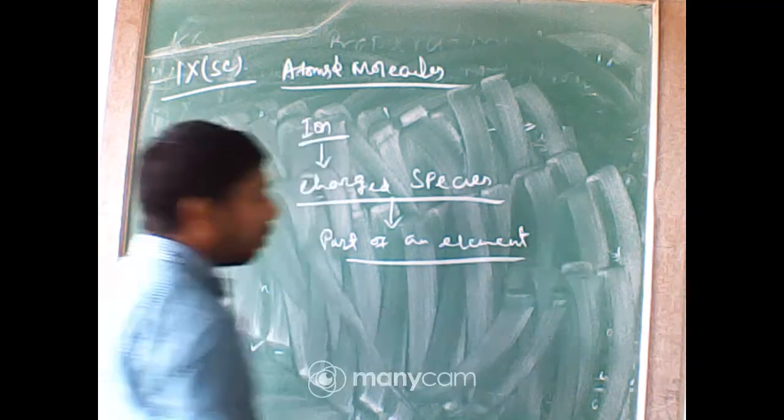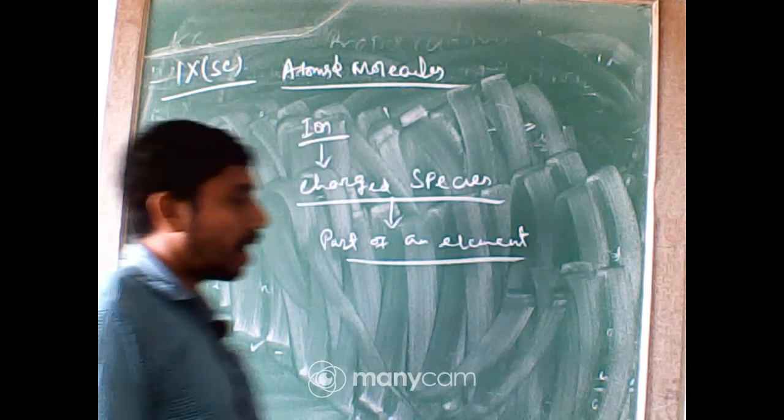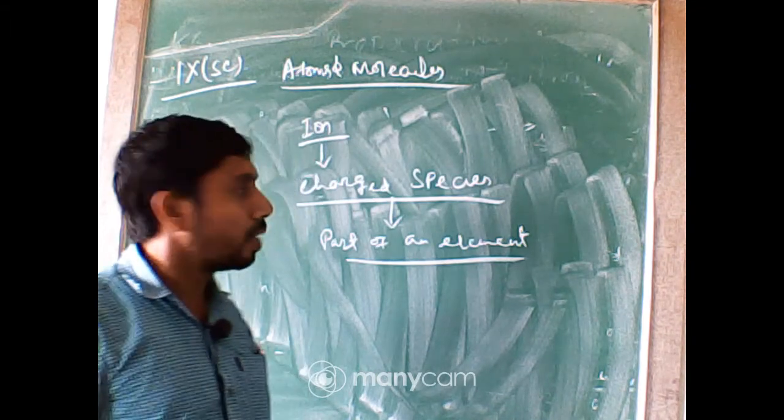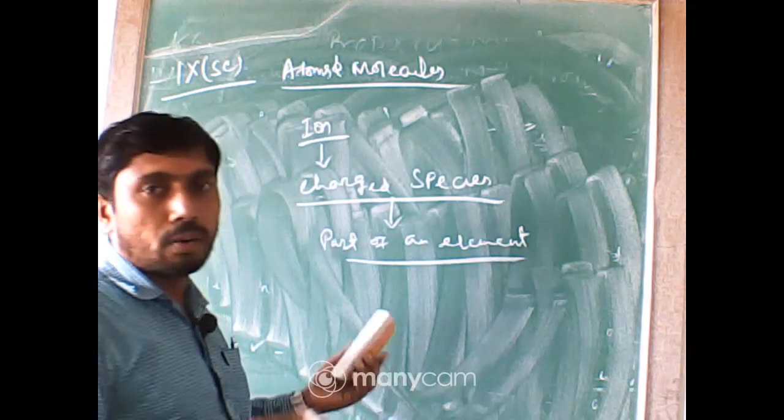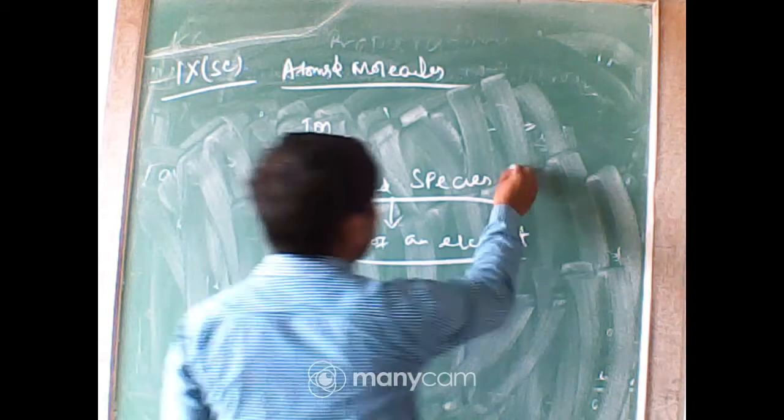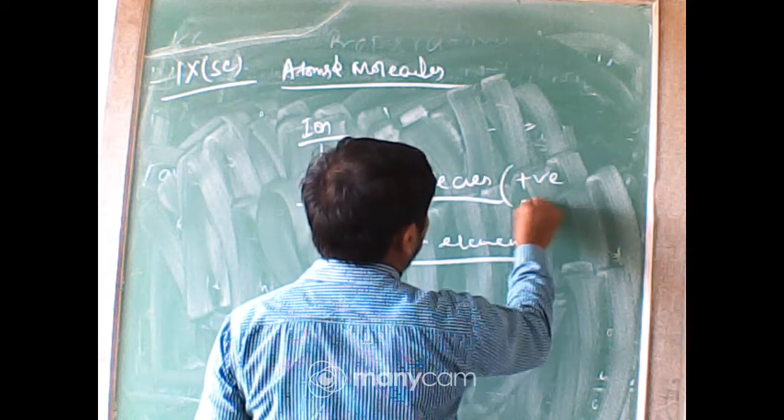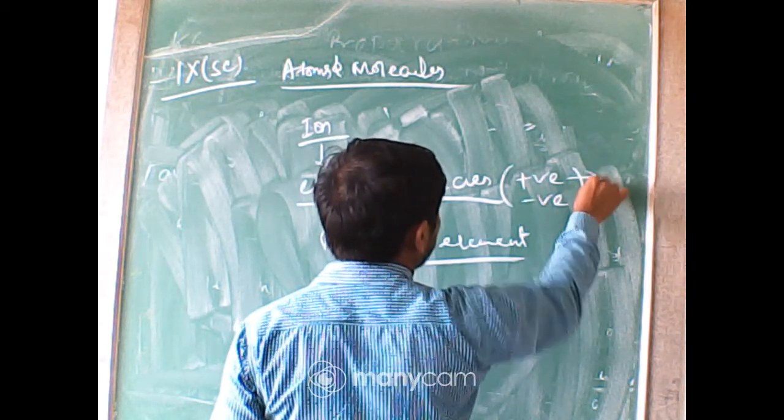Now, what would be the part of an element when the ions are there? So, we know it is a charged species, what type of charge is this? It is plus and minus, that is positive charge and negative charge.